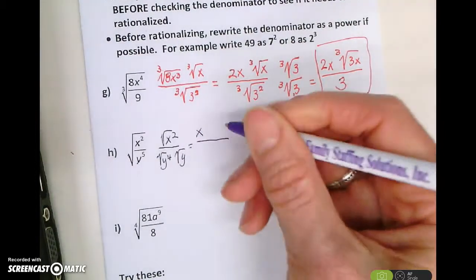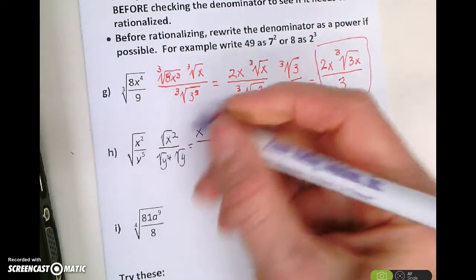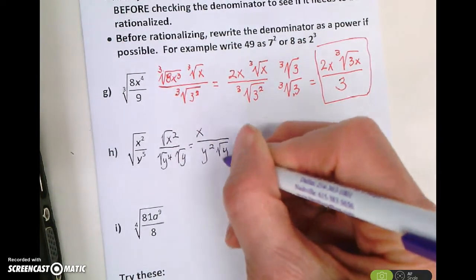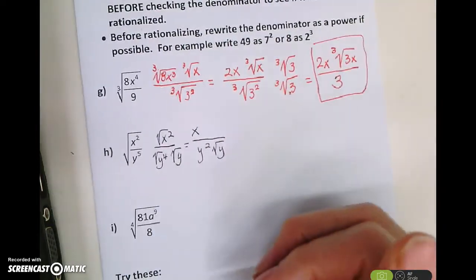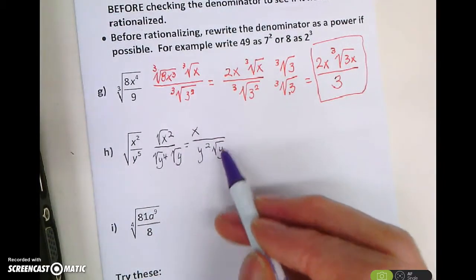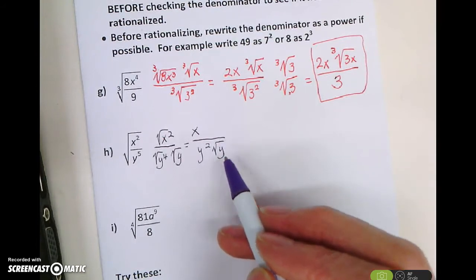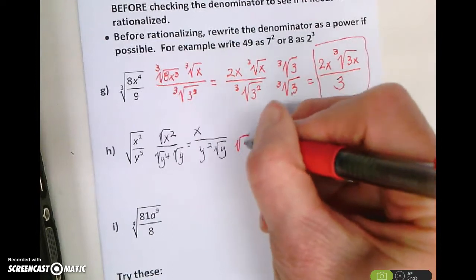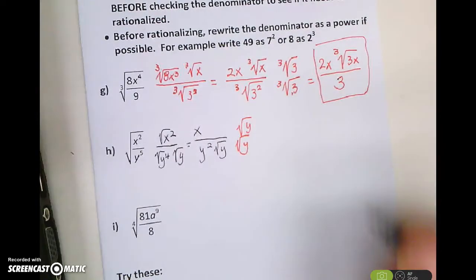So that means now in the denominator, I have the square root of y to the fourth, which is y to the second, and then I'm left with radical y. All right, so I'm finished simplifying and reducing, and I see that I do have a radical left in the denominator. Now, it is a square root, so that means I just need to multiply by itself.